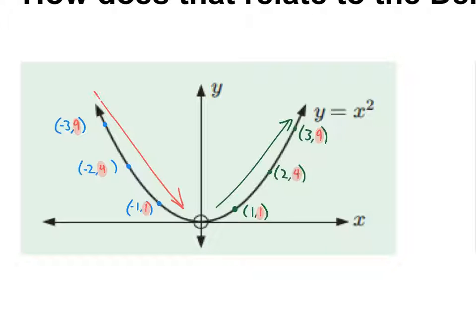Okay. Now, this also brings to question one other thing, and that is, what's going on here at 0, 0? The derivative is equal to 0. The derivative equals 0.